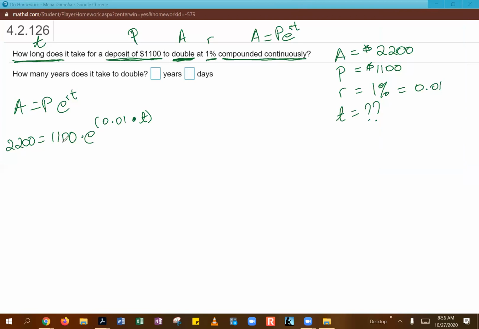Since 1,100 is being multiplied by the natural number e, we're going to divide it on both sides of our equation. Then on the right-hand side, we are just left with e to the power of 0.01 multiplied by t. What do you think we'll end up getting on the left-hand side here?